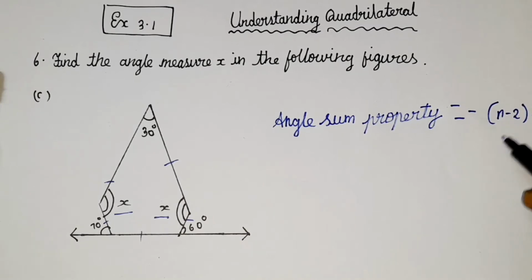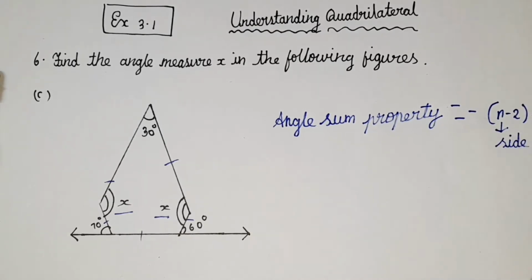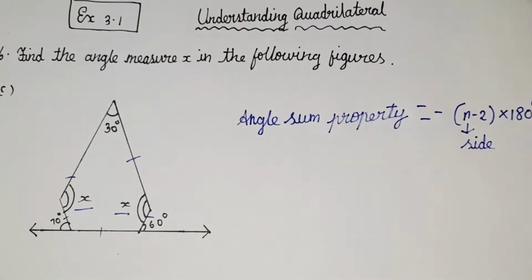Just memorize this property: (n minus 2) into 180 degrees. In this, they are saying n is the number of sides, so we are naming the side count as n.